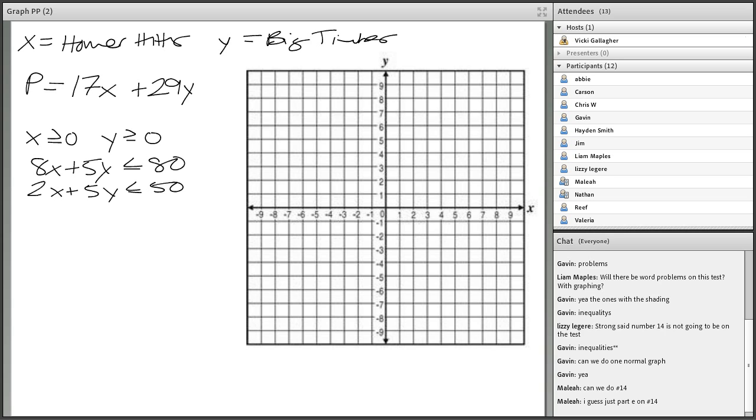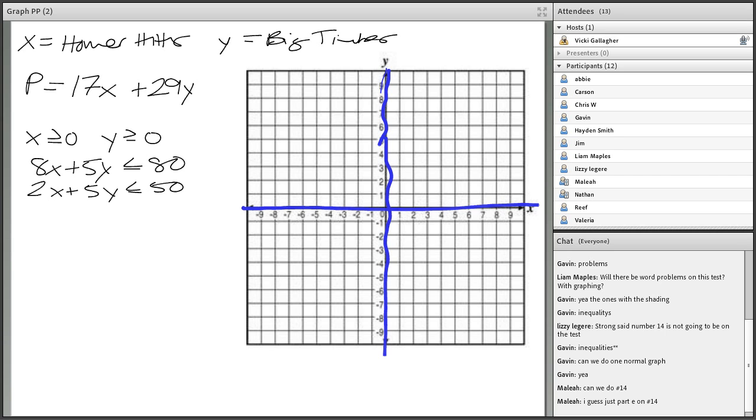Then we would graph, and just like we talked about on number 13, you want to stay in the first quadrant. So we make sure we don't pass the y-axis or the x-axis.